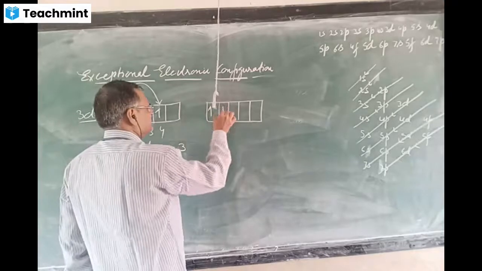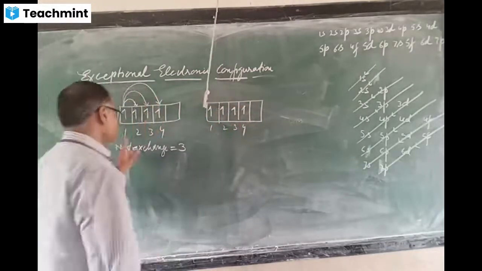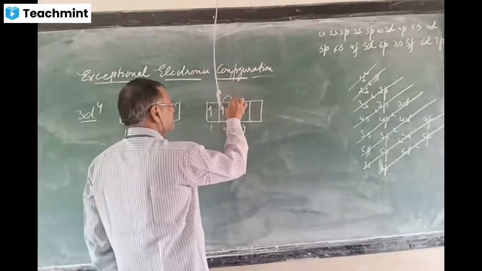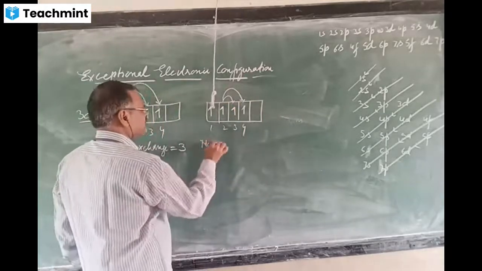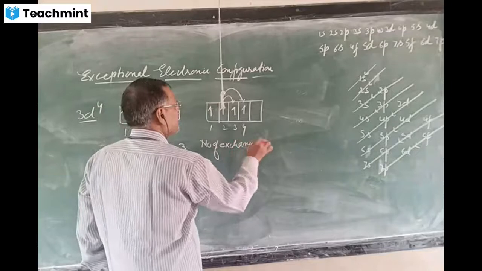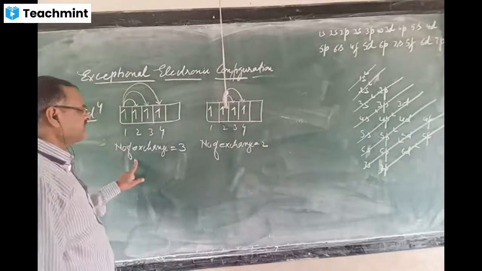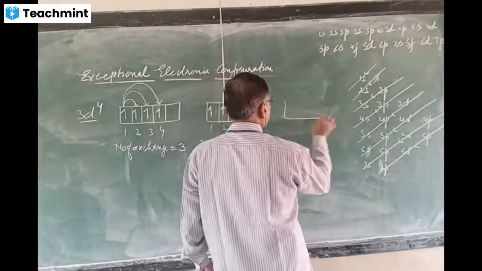So 1, 2, 3, 4. First electron is exchanged. Now the second electron. Number of exchanges: 1, 2. Now the first electron you have seen, the second you have seen, now the third one.